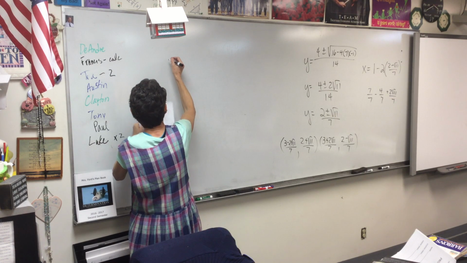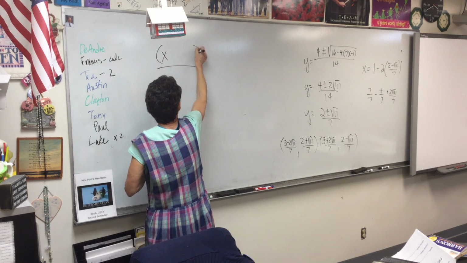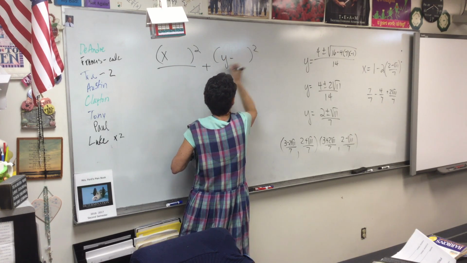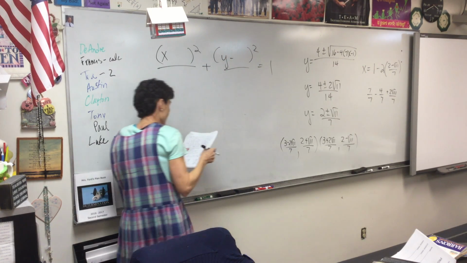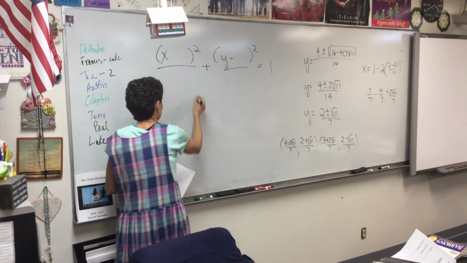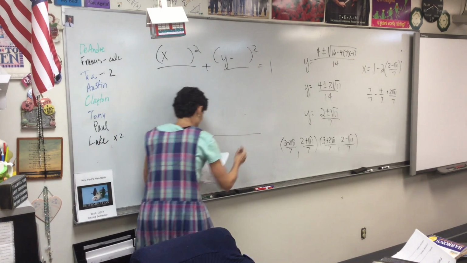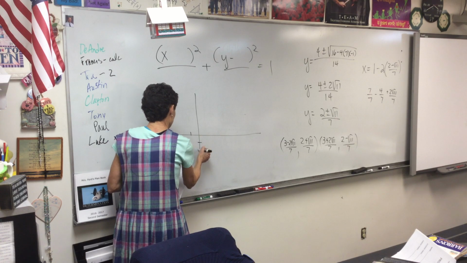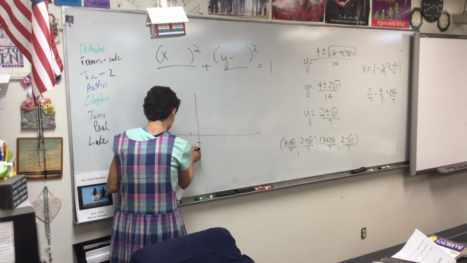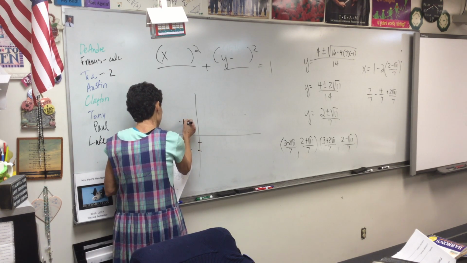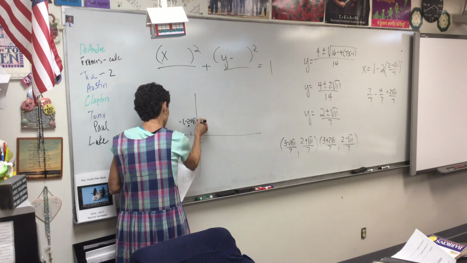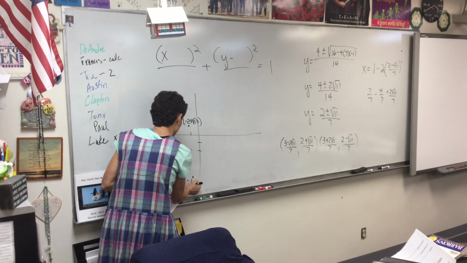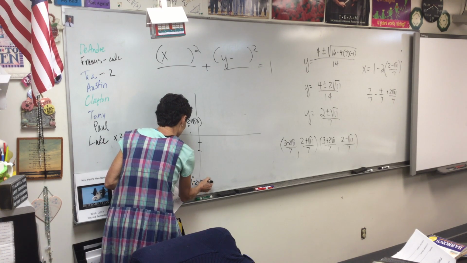So it is an ellipse, so I'm going to go ahead and set up my equation. It's an ellipse, and it has foci at (-1, -2 plus root 13) and (-1, -2 minus root 13).